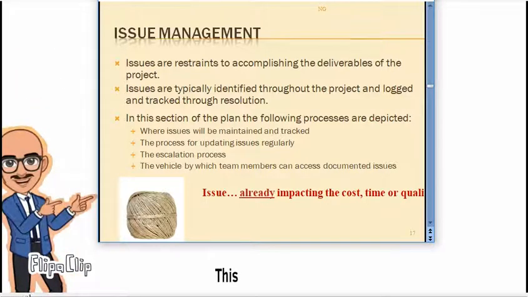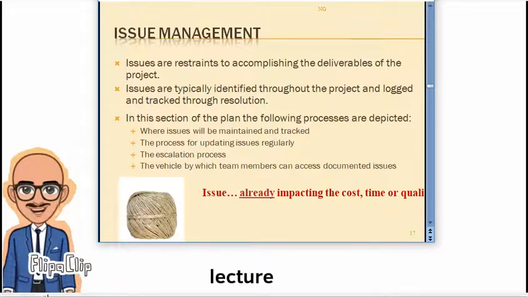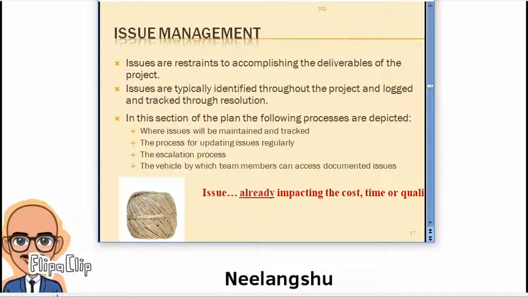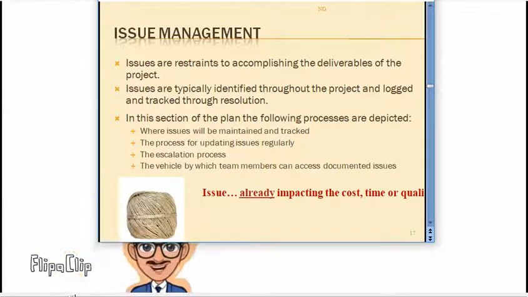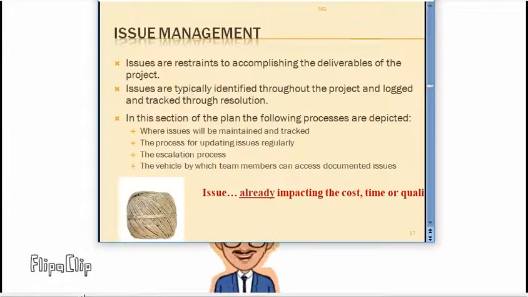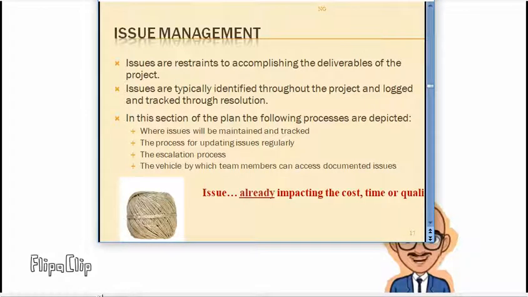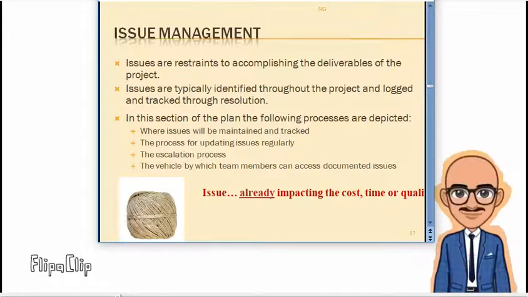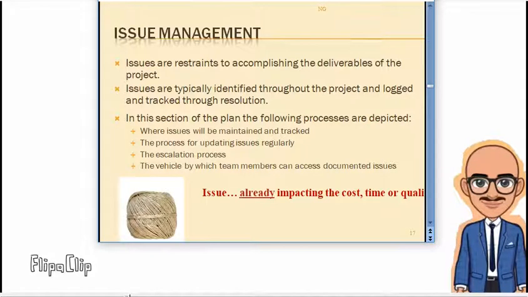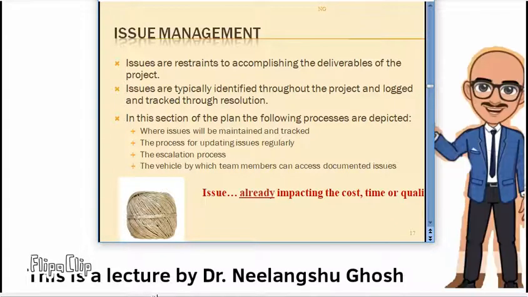So what could be the alternate solutions, alternate possibilities? As I have said, if a supplier cannot give the materials within proper time, then you have to look for alternate suppliers who can provide them, maybe at an extra cost. Sometimes because of the issues, extra cost may have to be incurred. So that could be a part of the project.